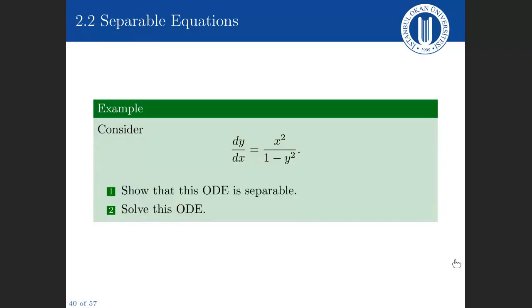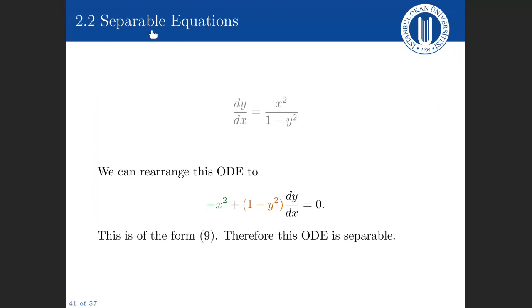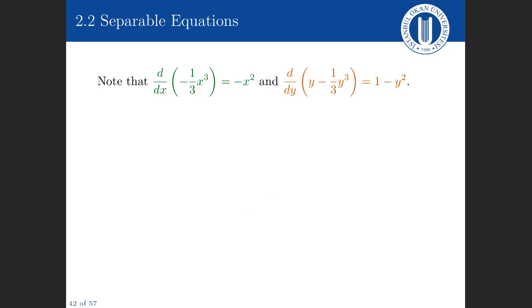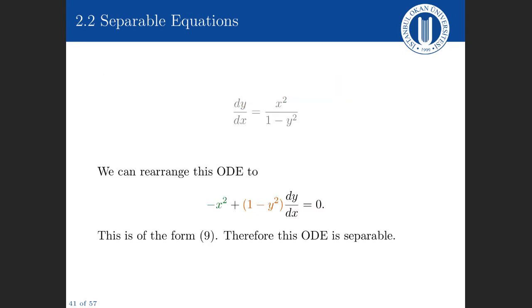Here we go. This is a separable differential equation. dy/dx is x squared divided by 1 minus y squared. What we want to do is separate the variables. I want to move all of the y terms to one side of the equal sign, and all of the x terms to the other side.